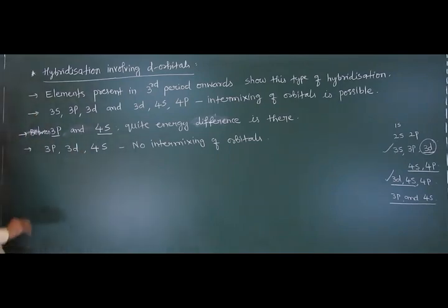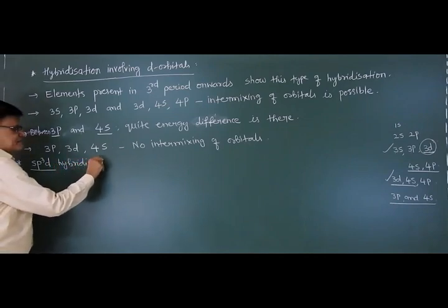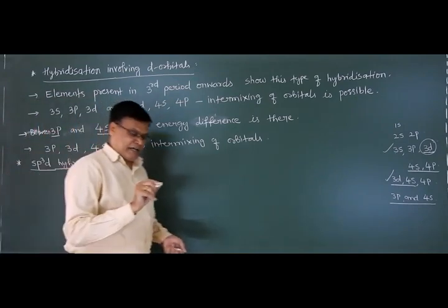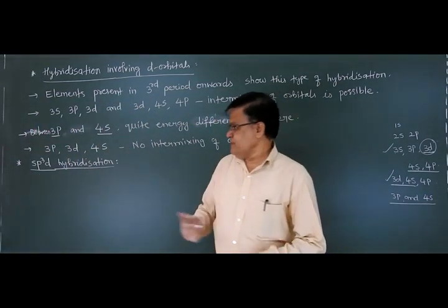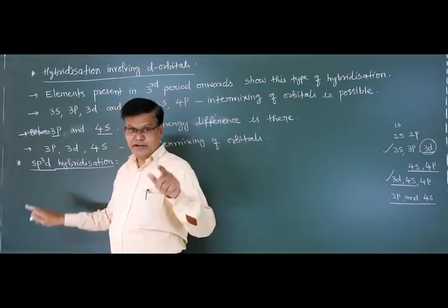Now first we will discuss the first type of hybridization here, sp3d hybridization. sp3d hybridization means here one s orbital, 3 p orbitals, 1 d orbital.